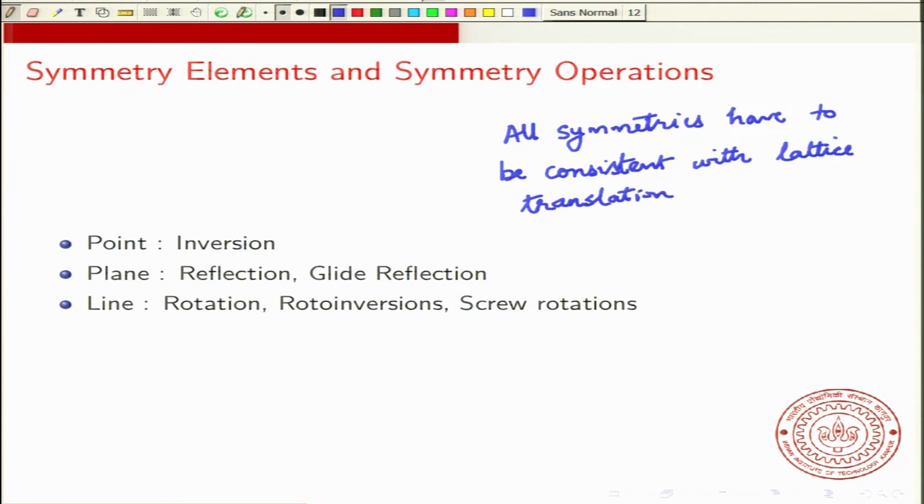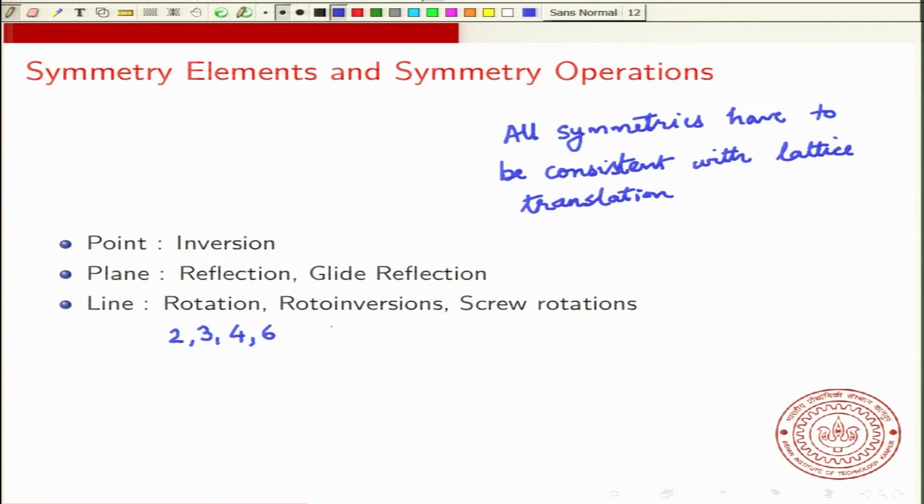This actually ensured that there are only a few types of rotations and a few types of reflections and so on. Basically this ensured that you have only 2, 3, 4 and 6 fold rotations.